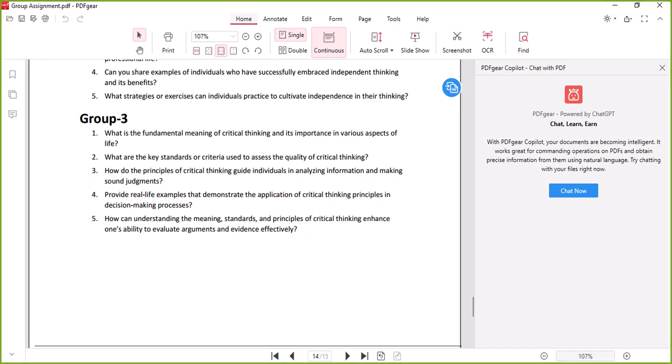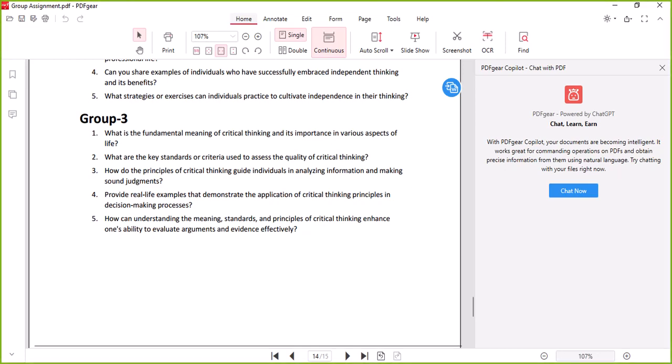Tell me what you understand from your assignment. I understand from the assignment the definition of critical thinking, the importance of critical thinking, the standards of critical thinking, and the principles that we use in good argumentation. There are 5 principles in good argumentation.